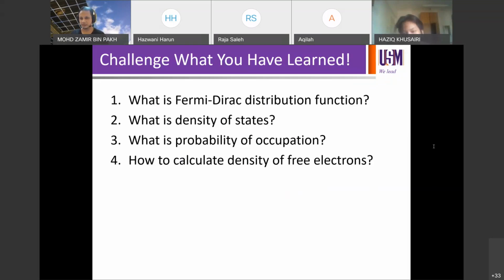Let me hear from some of you whose names I don't often see here. Kavina said number of allowed energy states per centimeter cube per energy level. Yes, okay. Connection slow, no problem. So the number of allowed energy states per centimeter cube per energy interval. Okay, so that's density of states.